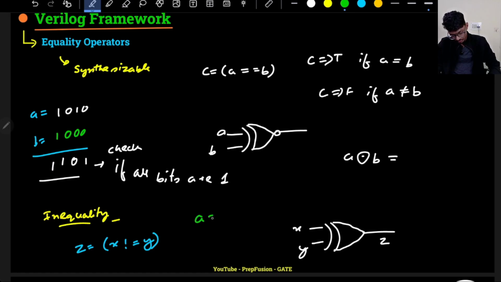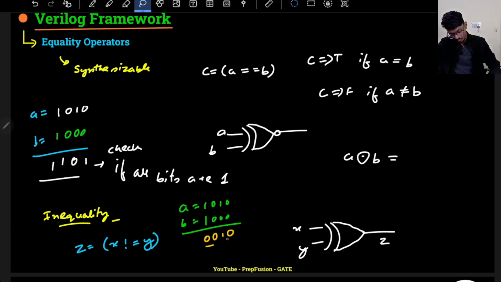Again the same example, A is 1 0 1 0, B is 1 0 0 0. Now if I perform XOR, this will be 0, this will be 1, this will be 0, this will be 0. When will this be totally equal? This will be totally equal when all of them are equal.